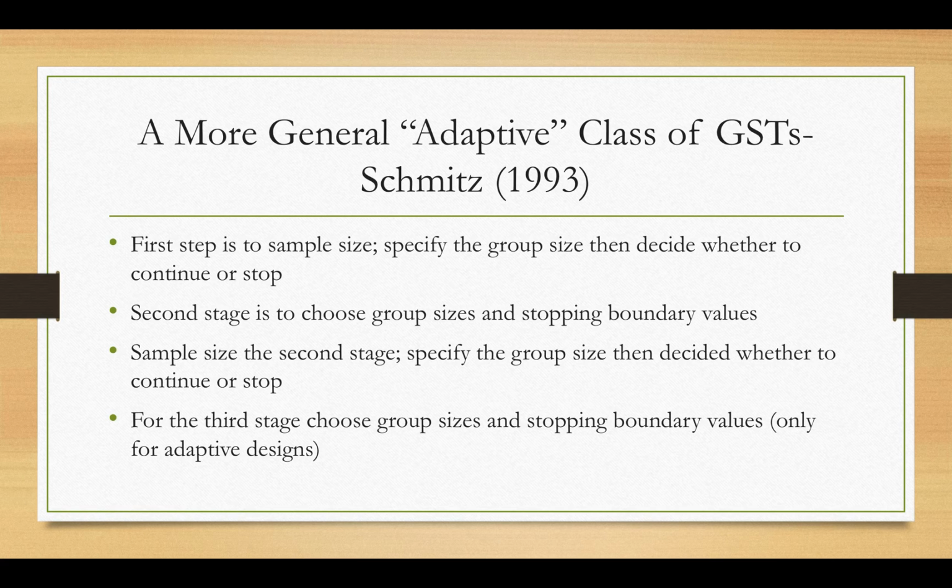The second stage is to choose group sizes and stopping boundary values. Then sample the second stage again, specify the group size, then decide whether to continue or stop. For the third stage, choose group sizes and stopping boundary values. But this is only done for adaptive designs.